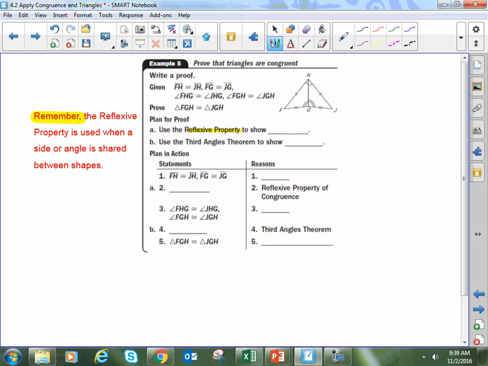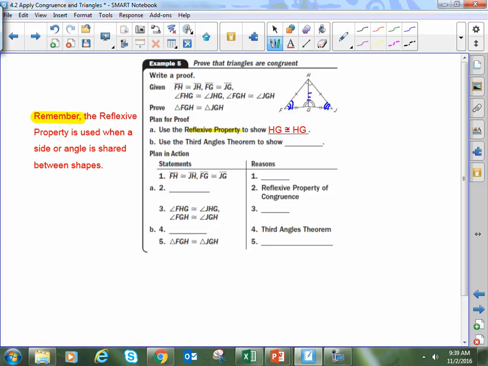So the only thing that we would be able to include is that this side here, HG, because that's shared between the two triangles that we're trying to show congruent, has to be one of the things that we want to conclude in our proof. And the only other thing that wasn't really marked for us was F and J. We have to be able to show that those are congruent.